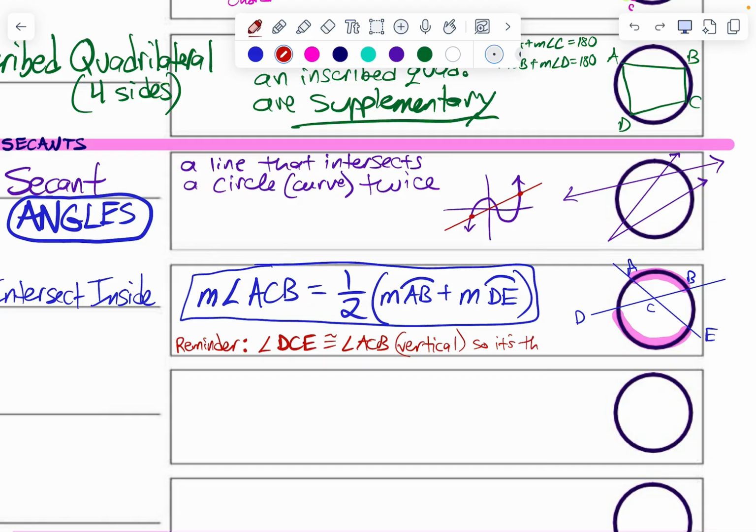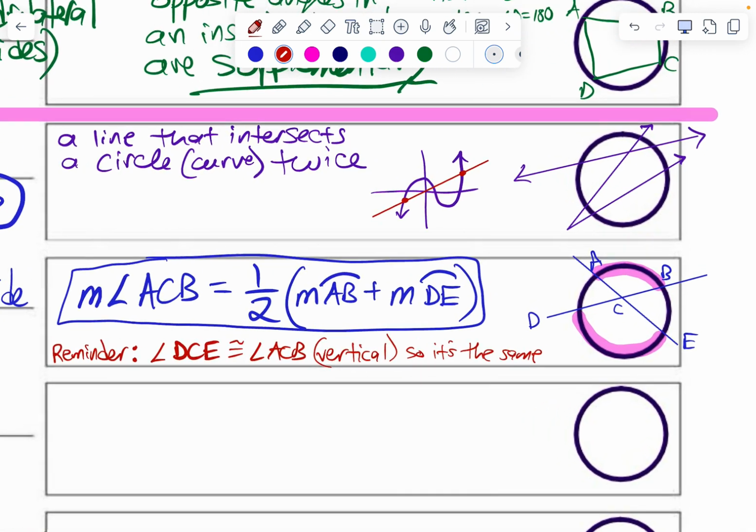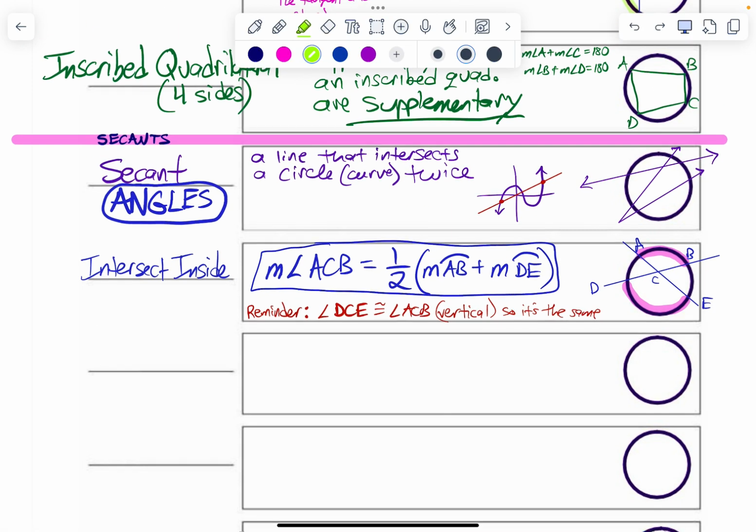And I'm writing that because what if I asked you for angle DCE instead? Well, it's the same exact calculation because it's vertical to the angle ACB. Okay, again, we could go the other way with this. I'm not going to make this picture more busy. But if we wanted these 2 sideways angles, it would just be the measure of those 2 arcs that it intersects. Okay? Does that make sense? So it's just half of their sum.